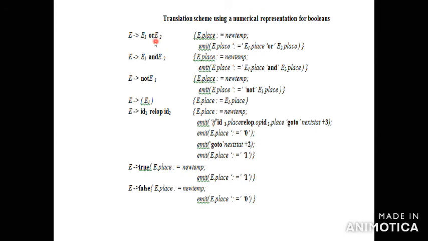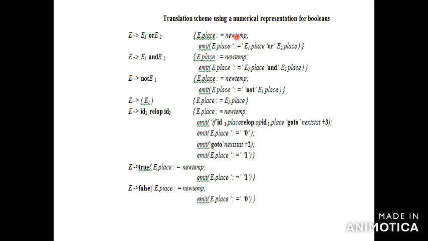Okay, so here E goes to E1 or E2. Here we use one temporary variable. So E dot place is nothing but newtemp. Newtemp returns the sequence of the temporary variables. What is emit? Emit places the 3 address code statement into the output file in the right format.